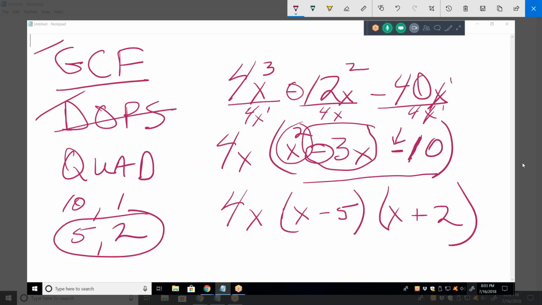And that term comes from the O and the I. There's the I, the inside terms, and the outside terms. Remember, these always combine, so multiply them. That's minus 5x. x times plus 2 is plus 2x. And then add them together, which is what you do when you FOIL it.